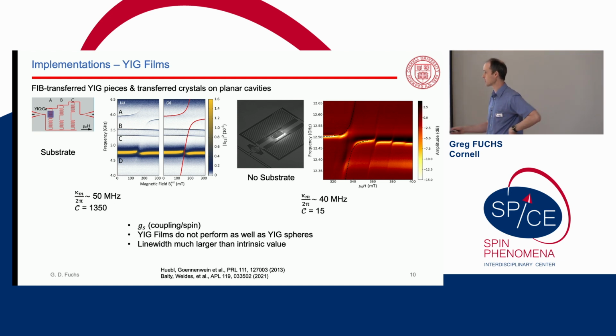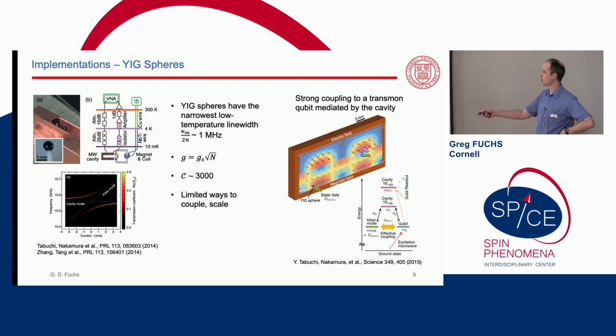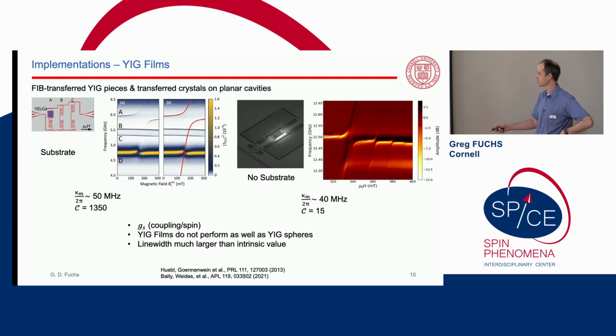These are very nice work, but what you see is that if you go from the YIG sphere, where you have a uniform mode magnon line width of around 1 megahertz, now by just going to a thin film, you see a significant degradation in the line width of the magnons. It goes to like 40 or 50 megahertz. So that's one of the key challenges: how do we make the magnetic system in a thin film geometry good enough, okay?